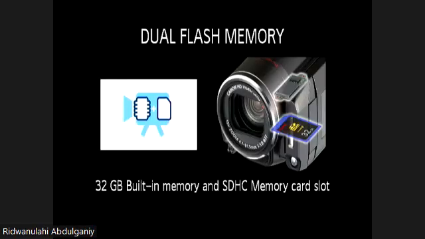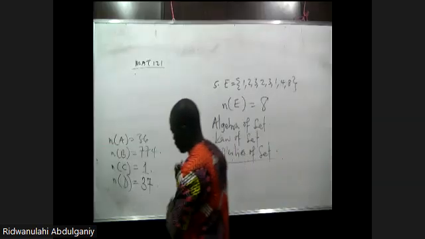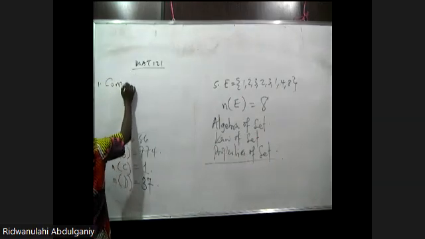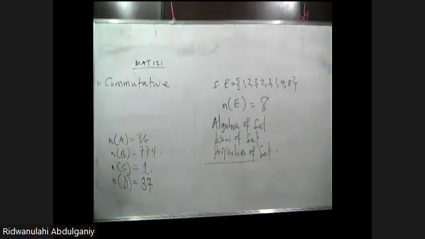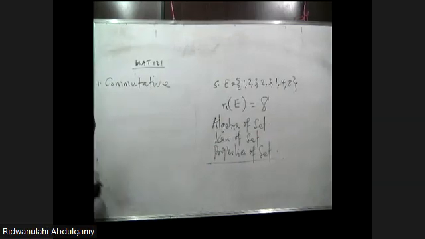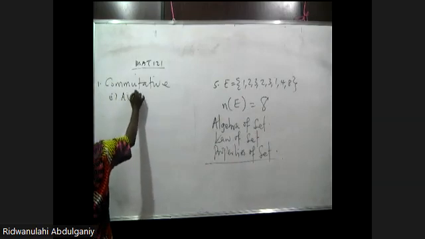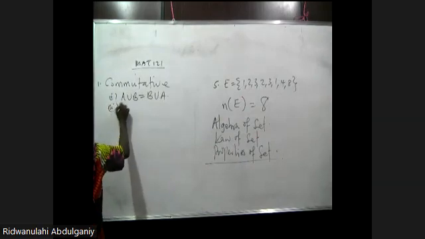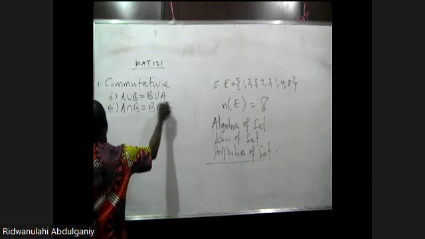Okay, thank you. Number 1, let me start with commutative. Commutative. Number 1, A union B is B union A. A intersection B is B intersection A.